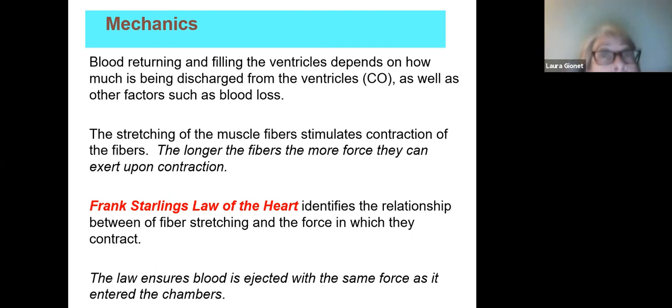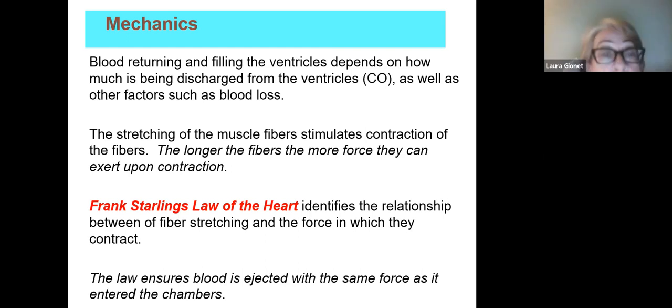That allows the heart to move large quantities of blood returning to it, because it needs to keep moving the volume that's coming into the right side of the heart, out of the heart and into systemic circulation. So if we're having a higher return of blood and cardiac output is increasing, we need to know that the heart muscle can handle it.